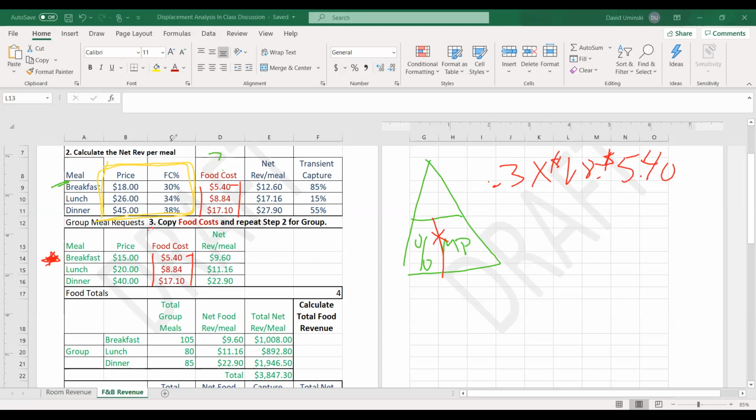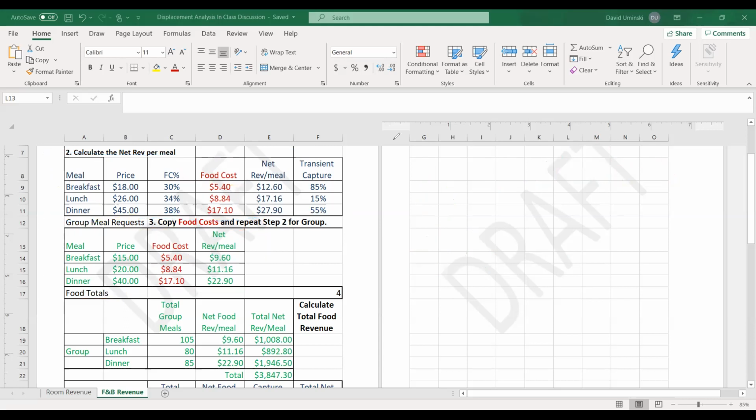And so right here in the blue, this is off of our menu, and then in the red right here, this is what the group is requesting. So now that we've calculated our net revenue per meal for each group, you'll see I color coded things and kept it the same.